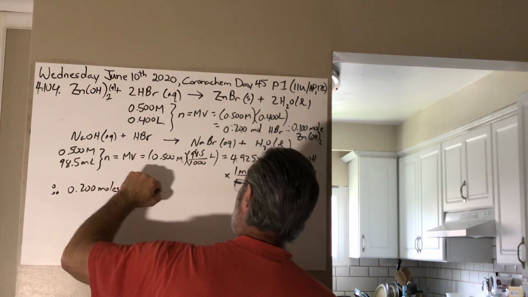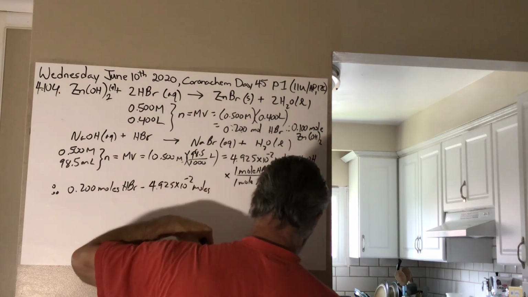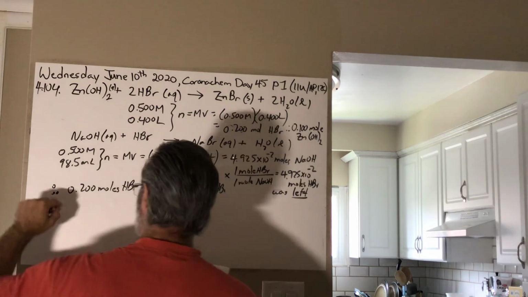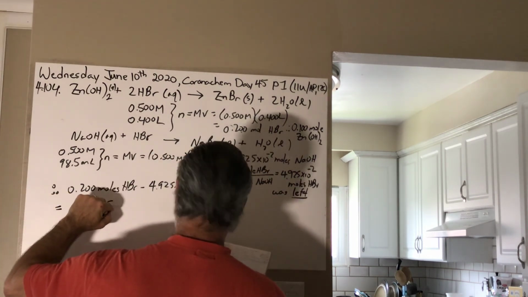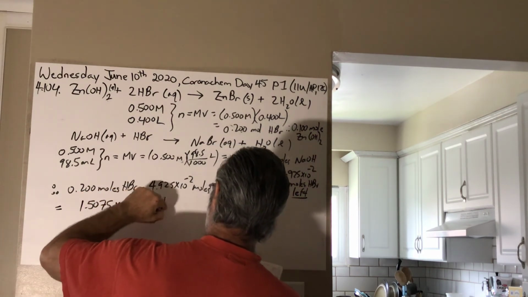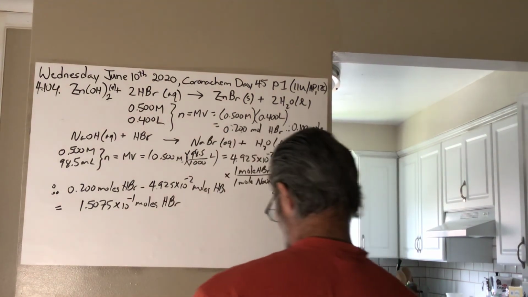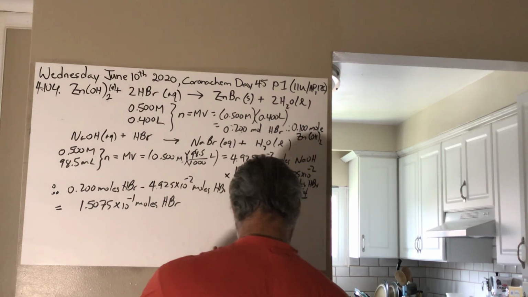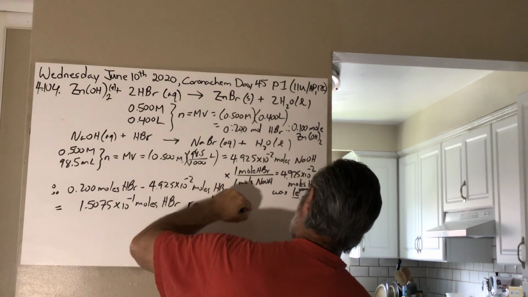minus 4.925 times 10 to the minus 2 moles of additional HBr to be titrated equals 1.5075 times 10 to the minus 1 moles of HBr actually present, which reacted with the zinc hydroxide.